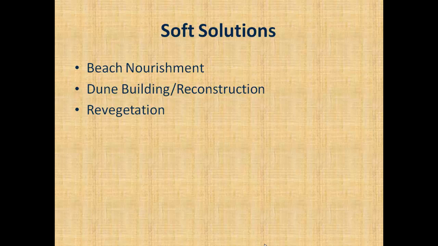So then next we have dune building and dune reconstruction. Like I mentioned when we talked about the sandy dune beaches, dunes protect the coast. The vegetation on the dunes slows down the rate of erosion.